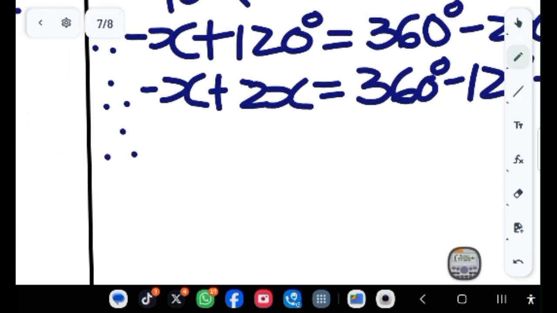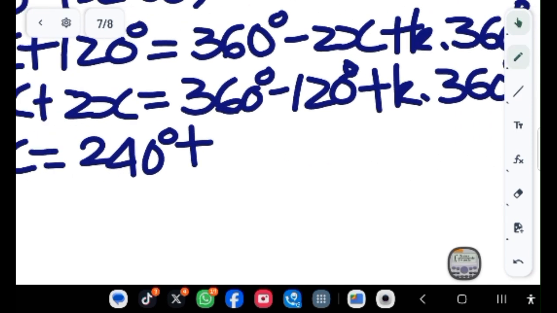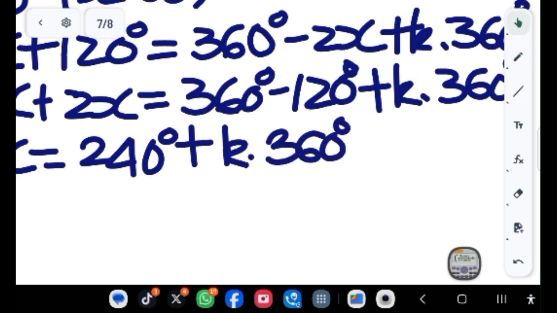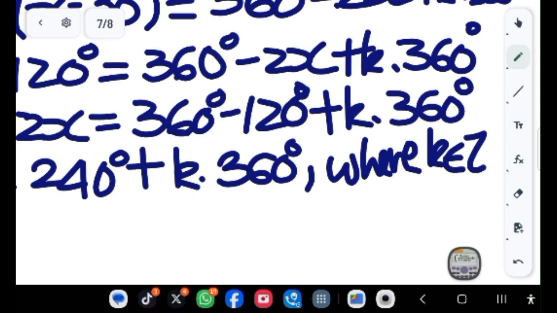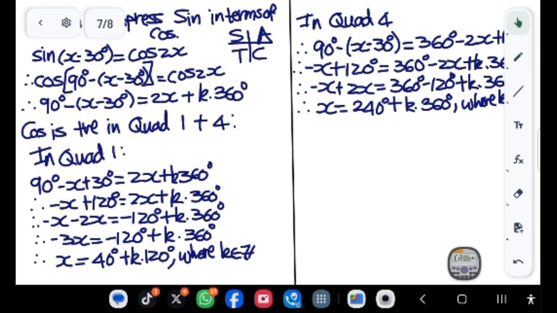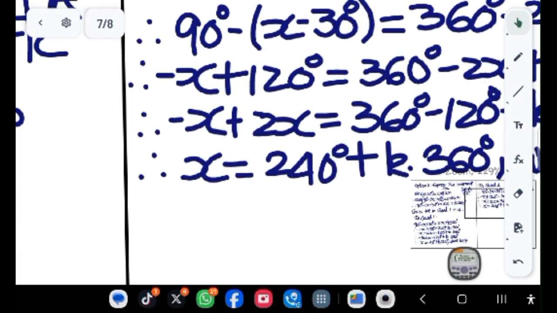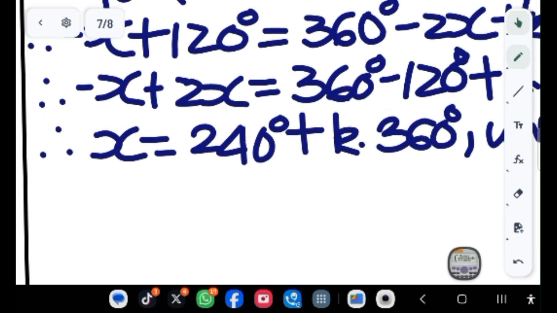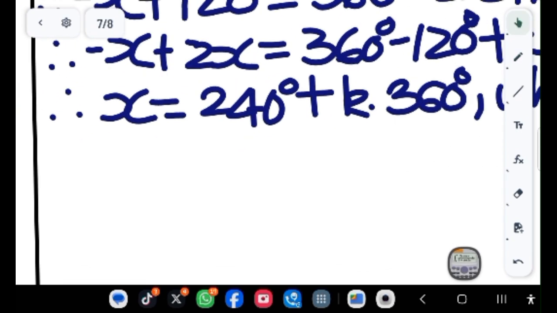And that leaves you with x equals 240 degrees plus k times 360 degrees, where k is an element of integers. So both solutions basically give you 40 degrees and 240, with the other one giving you negative 120, which is exactly the same as 240, and we've demonstrated that.